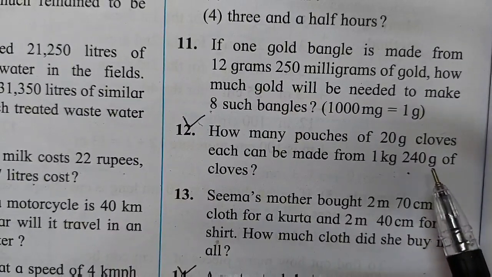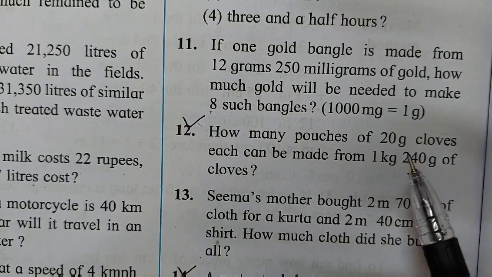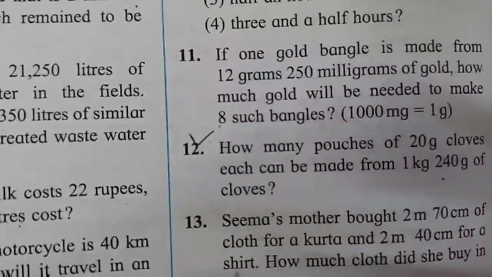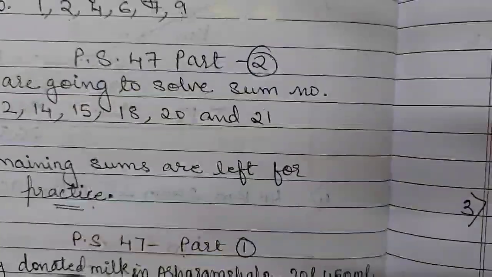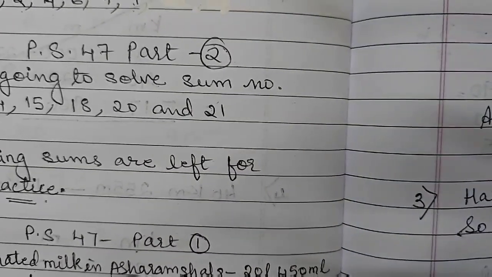Now we have to make packets, small pouches. Each pouch should contain fixed 20 grams. We have to find out how many pouches can be made. Okay, children? Now to begin with sum number 12.